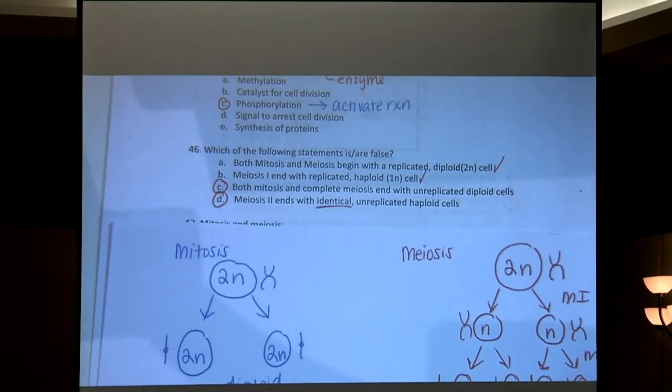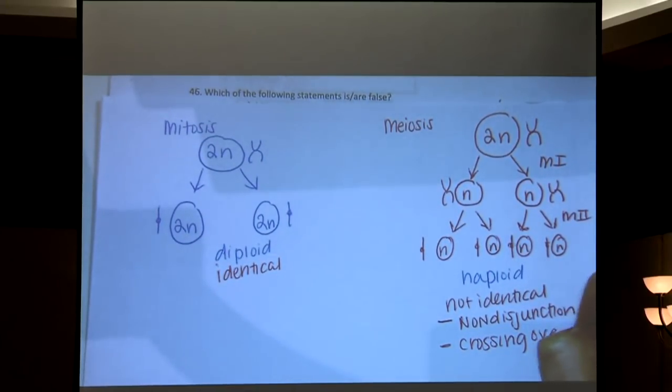Remember, we have a few things going on with meiosis that allow for genetic variation, which causes these cells to not be identical. Do we remember what causes them to not be identical? So for not identical, we have non-disjunction. All right. We also have crossing over. So these are some of the reasons we would say that they're not identical.